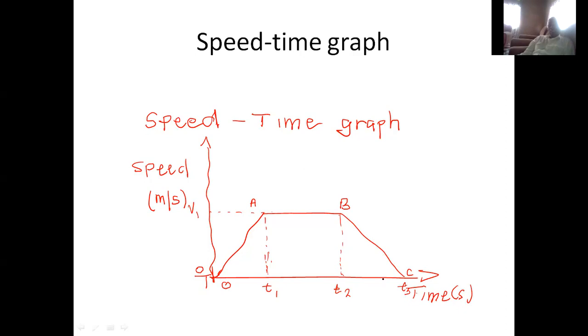Now we will look at how, again, we can calculate distance on a speed time graph.